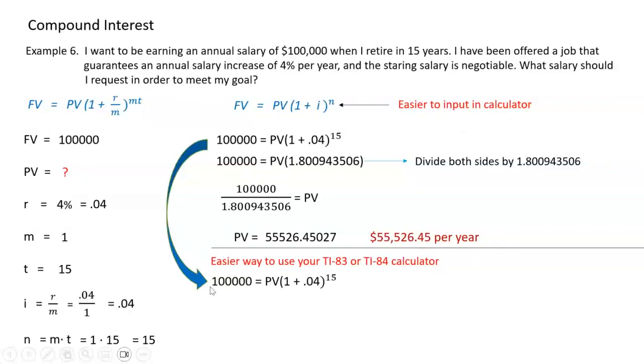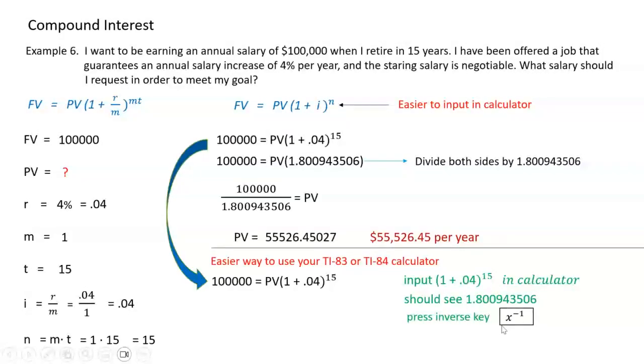So I'm going to come over here. You're going to enter parentheses 1 plus 0.04, close parentheses, to the power of 15 in your calculator. This is what you should see on the screen: 1.809435506. Then you're going to hit the inverse key.